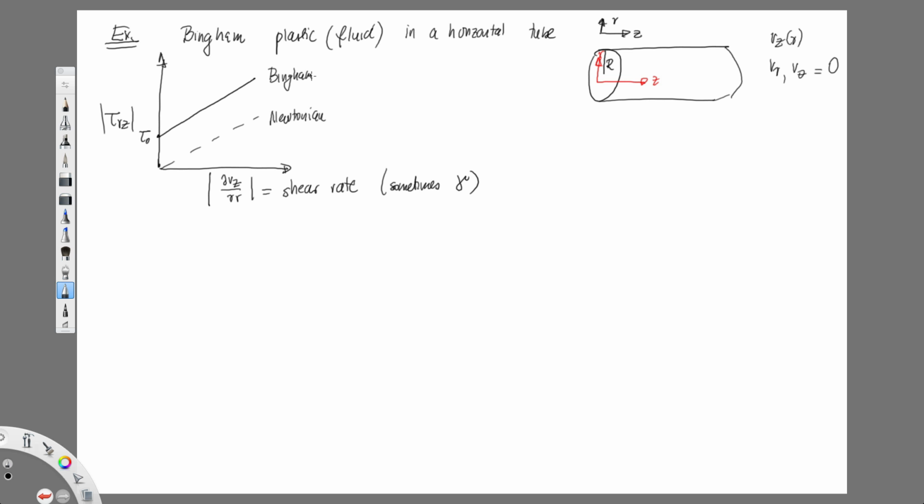Now our general form will be the same as before. If you remember, what we derived for a vertical tube was partial phi zz partial z minus 1 over r partial r phi rz plus rho g, and I'm going to ignore the gravity part.